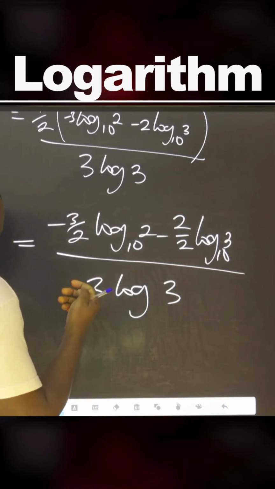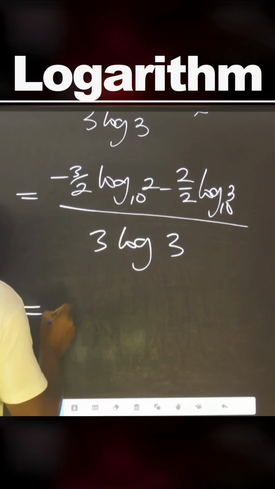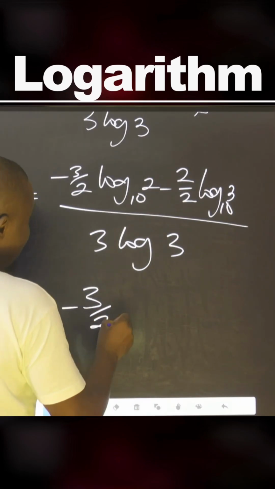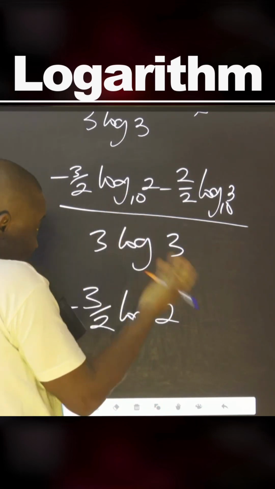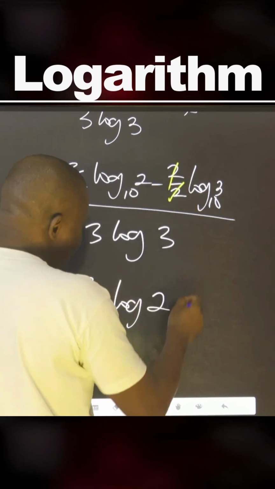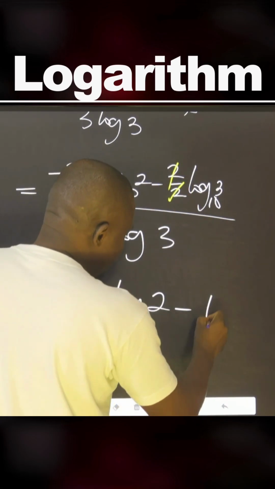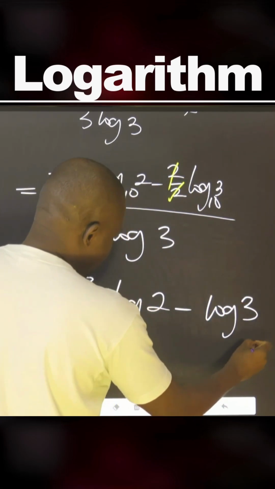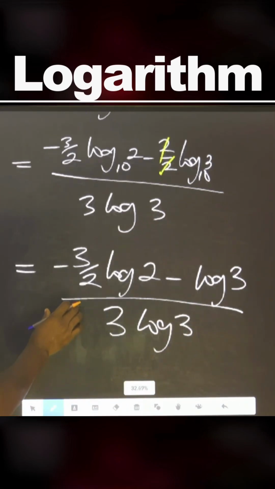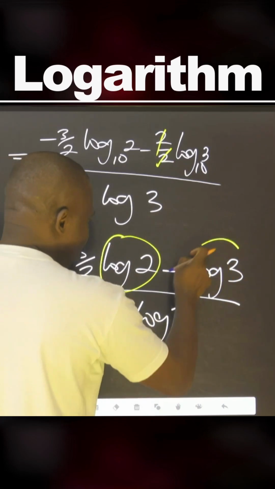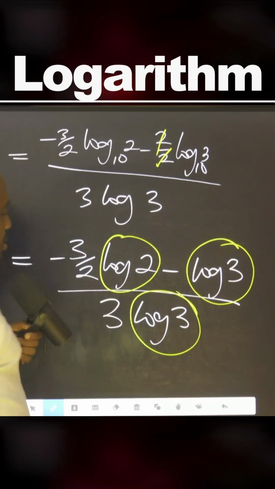Also, you agree with me now? I come here to say this is log 2 without writing the 10. This is 1, so no need to put the 1. Can put log 3 over 3 log 3. Now as you can see, we have log 2, log 3, log 3.